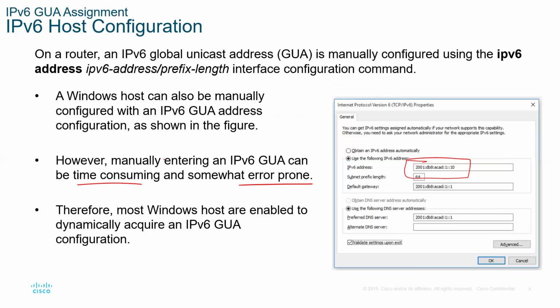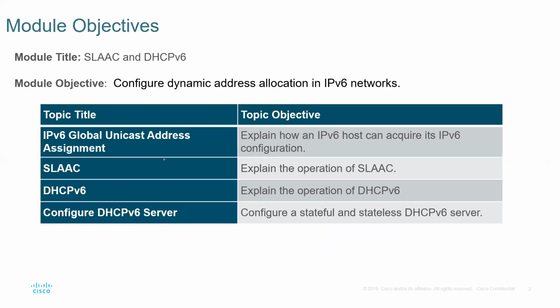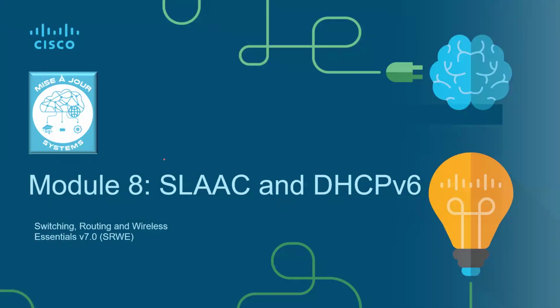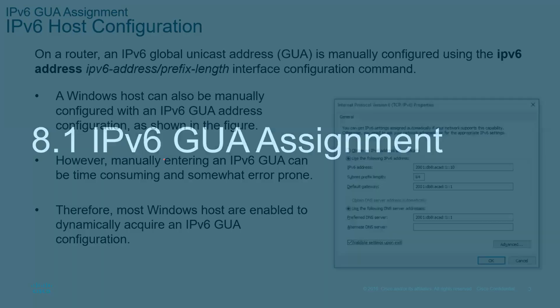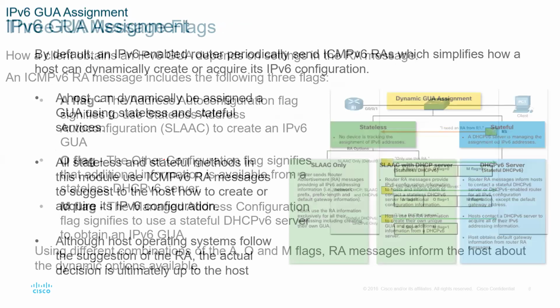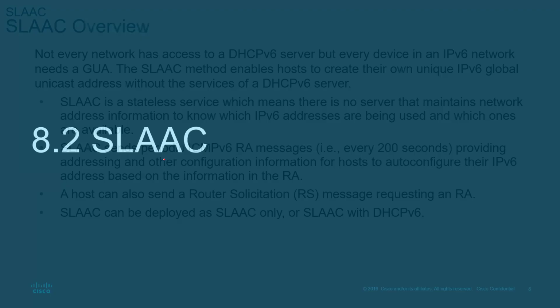Then, if I'm using stateful DHCP, there is a further exchange of messages after the RS and RA: the solicit, the advertise, the request, and the reply. You need to understand that as well. And with that, DHCP is not much of an issue.